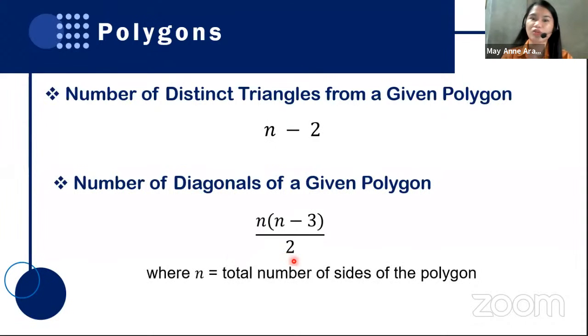Even if you don't draw to find how many diagonals a given polygon has, you can just use this formula. That is n times the quantity n minus 3 all over 2. Now, just substitute the total number of sides, then simplify.